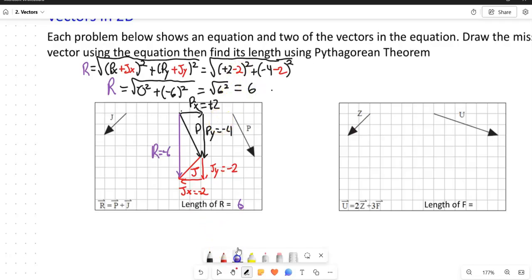So r is going to be equal to 6. And notice when you're squaring and square rooting, it rips off the actual vector direction, so now you have the length. And then you would have to add the direction of that vector later on. But since we're only asking for the length here, that's what you get. Okay?